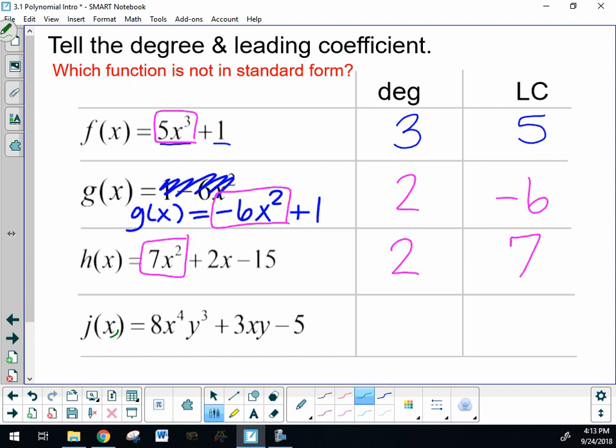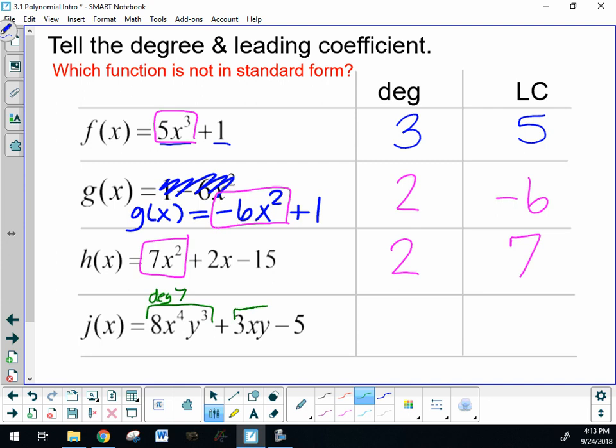It's multivariable, so it has three terms, and to get the degree of each term, we would have to combine. So this term, it has 4 powers of x and 3 powers of y. So that term itself is a degree 7 term.